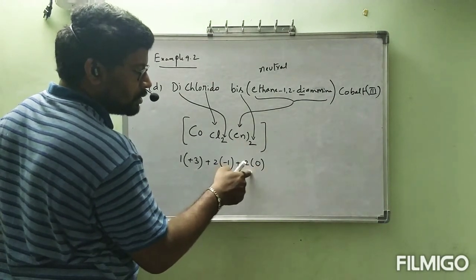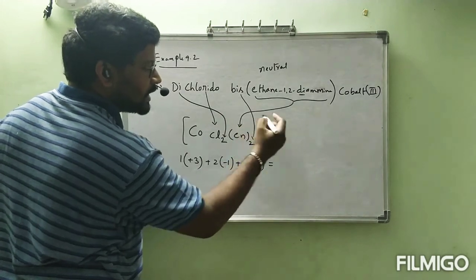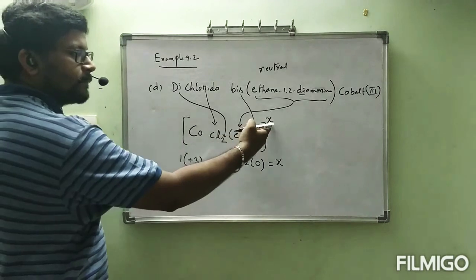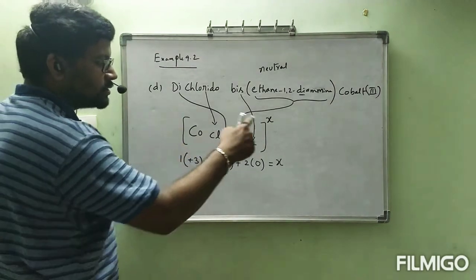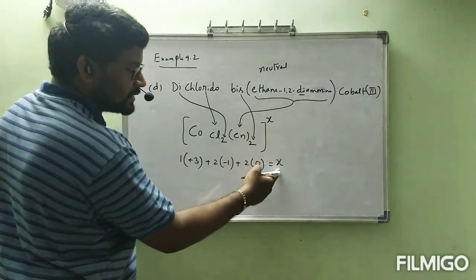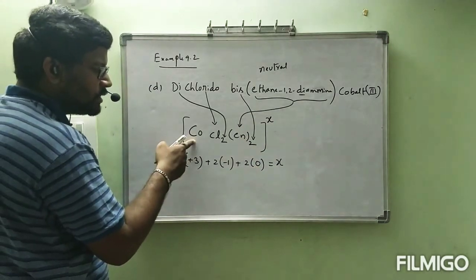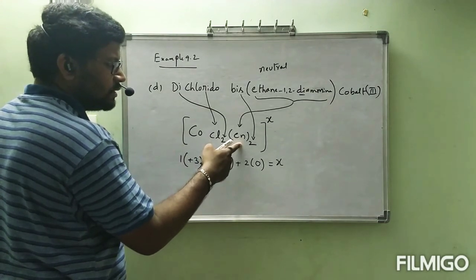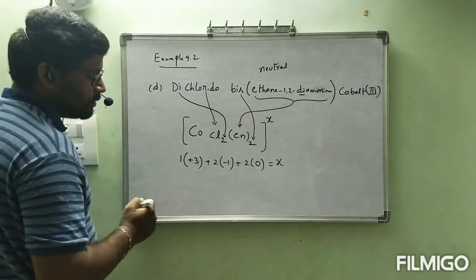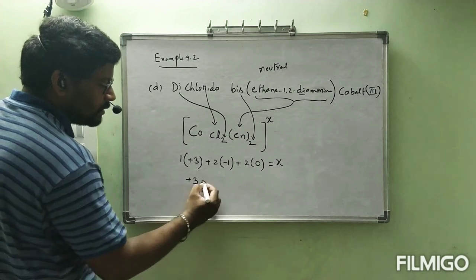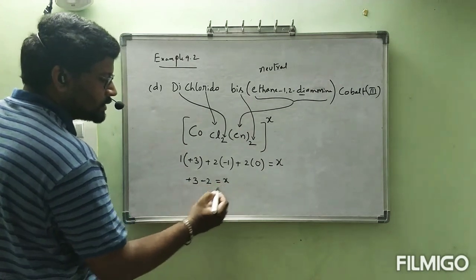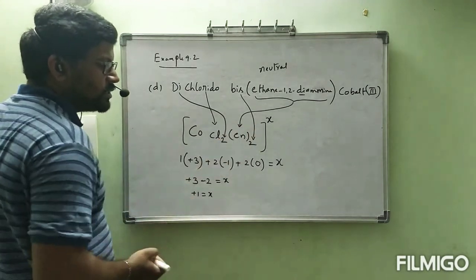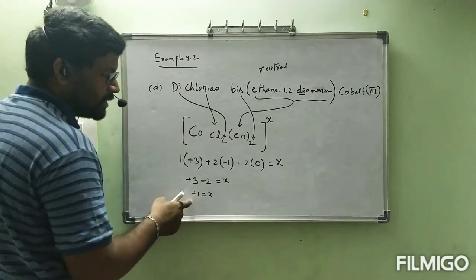The charge present on the square bracket, I kept as X. That X is equal to the charge on cobalt plus 2 into the charge on chlorine plus 2 into the charge on en. En means ethane-1,2-diamine. Plus 3 minus 2 is equal to X. Then it will become plus 1. So the charge on the square bracket is plus 1.